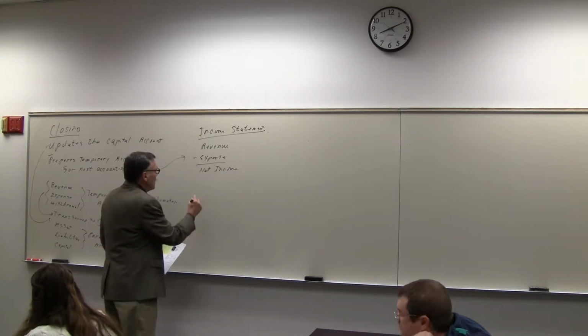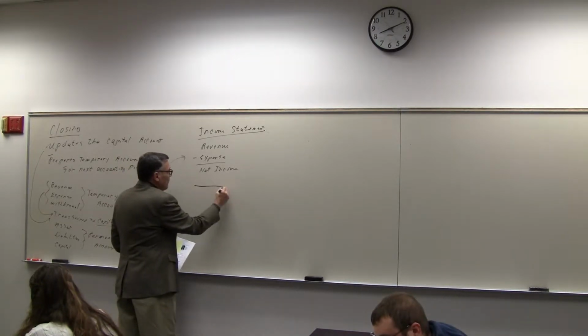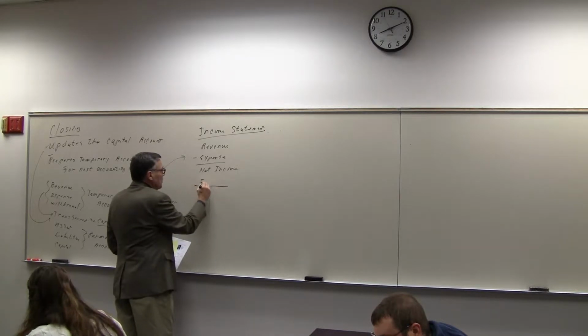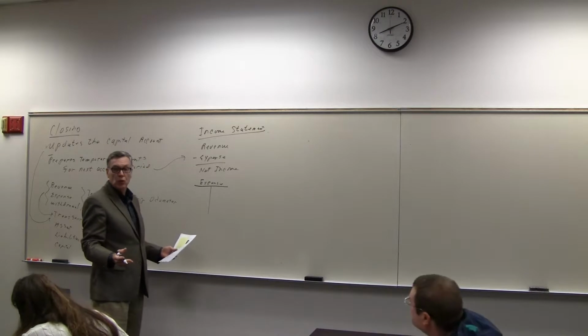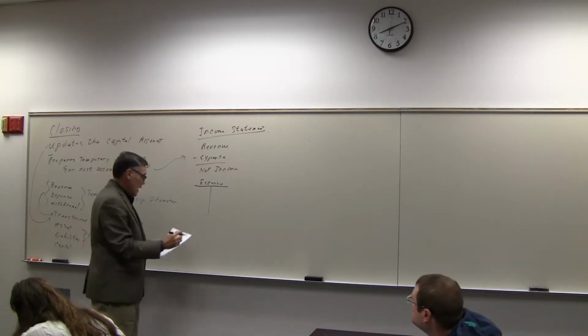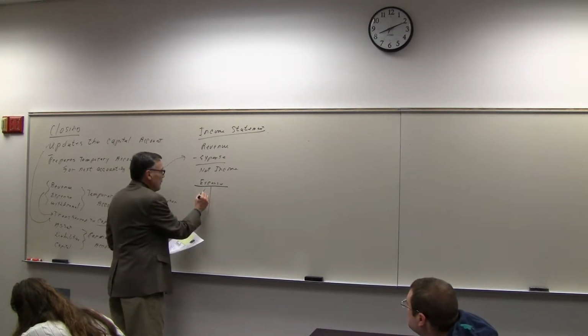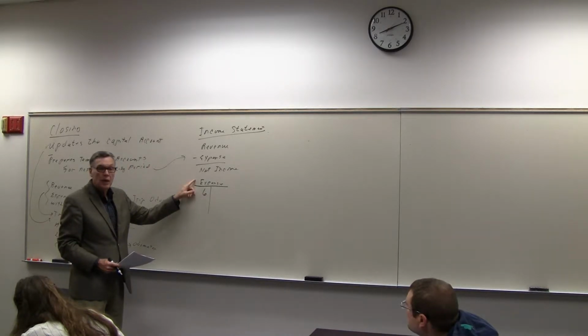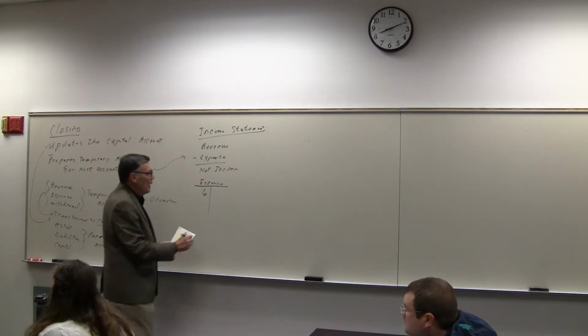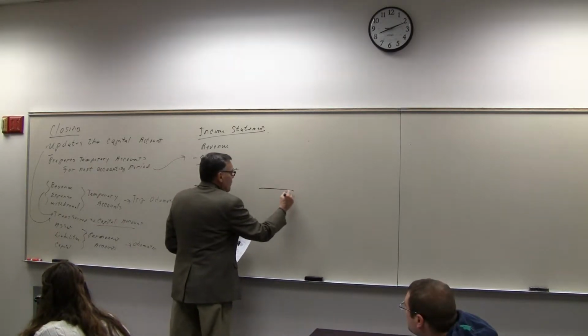So let me show you what it looks like graphically, and then I'll show you what it looks like in journal form. So here we have an expense account. And let's just say this business has 1, just because it's easy to work with. And let's say it has a debit balance, and let's say it's 6. Now this could be wages expense, could be utilities expense, we'll just call it expense, okay? And it has a revenue account.